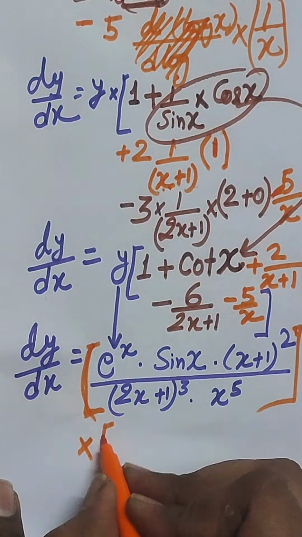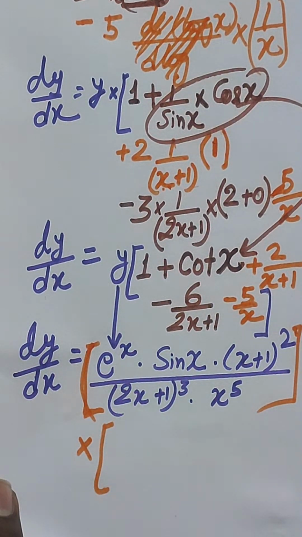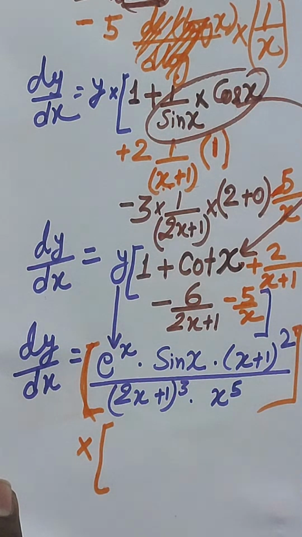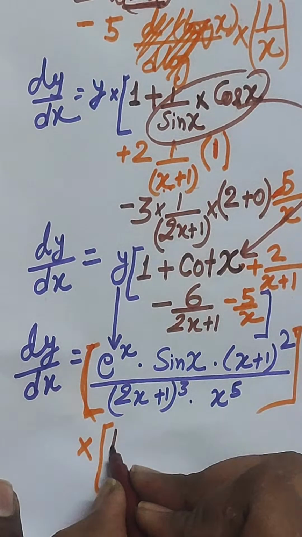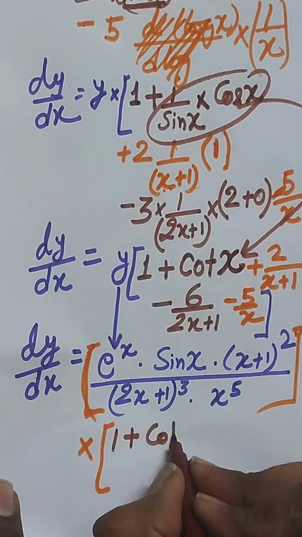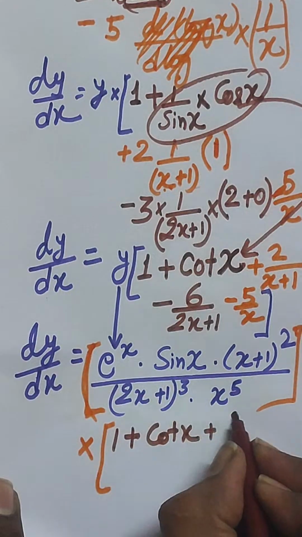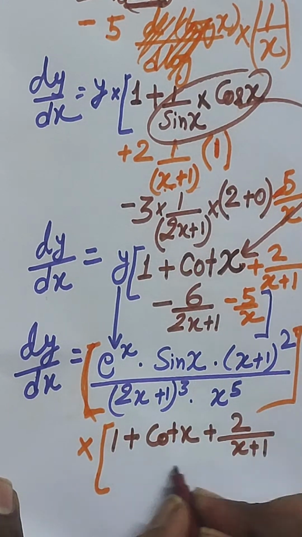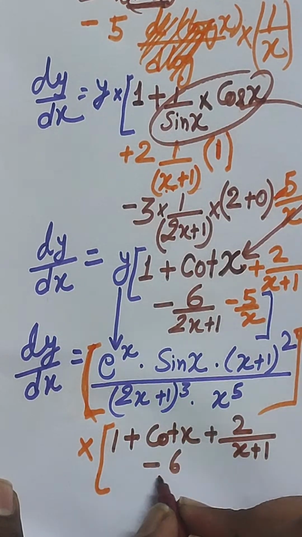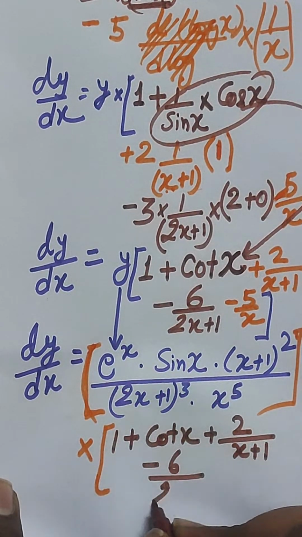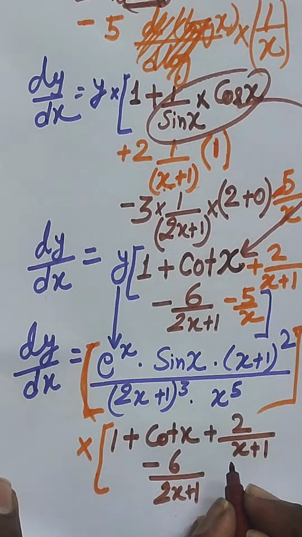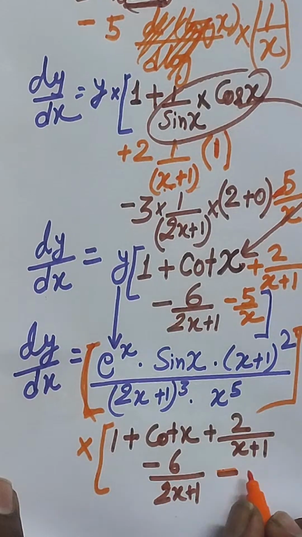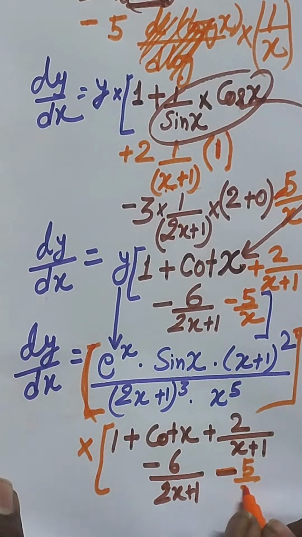So that is equal to 1 plus cot x plus 2 by x plus 1 minus 6 by 2x plus 1 minus the last one, 5 by x.